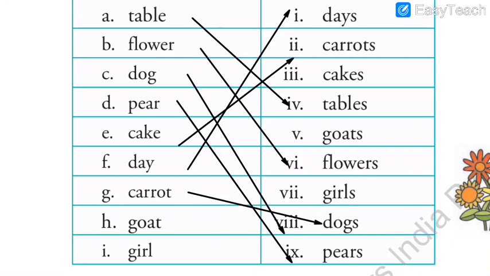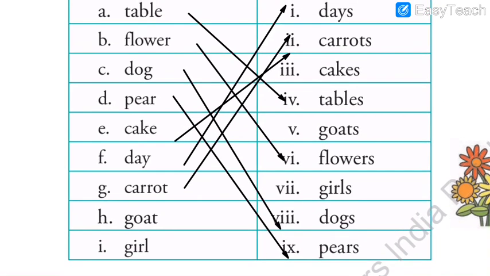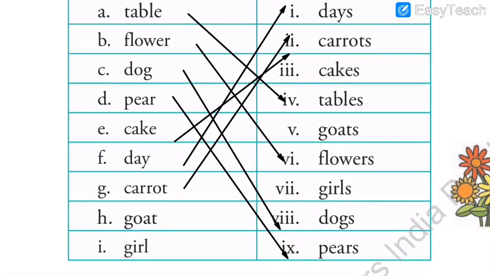Yes, carrots, exactly. Great. I know you are shouting the answers at your home. Absolutely right. Very good. So what could be the answer for this goat? Here it is, goats. We just need to add s. And the same with girl, the only option remaining, girls.